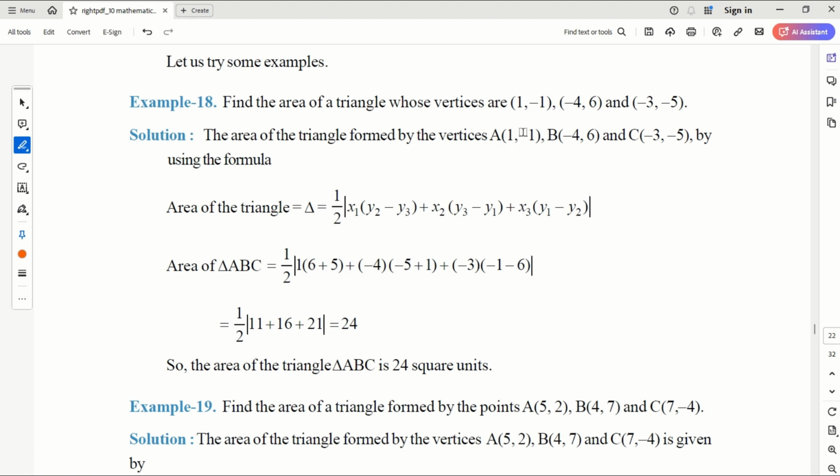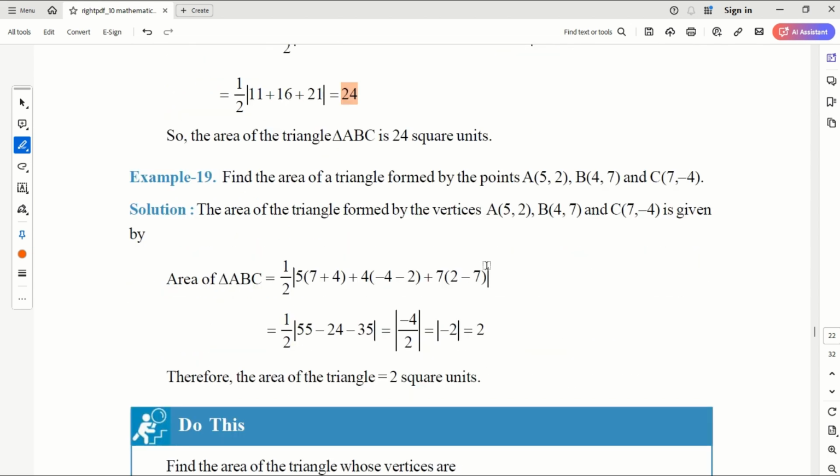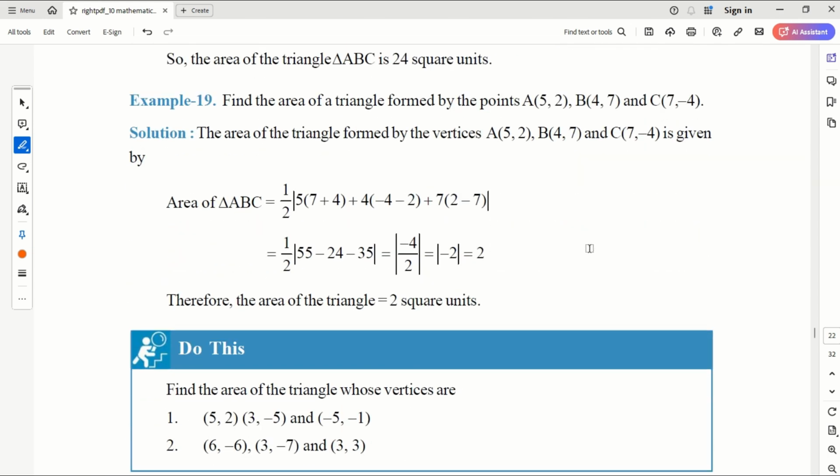Then plus x2, here it is plus into minus 4, into y3 minus y1, that is minus 5 minus of minus 1, that is minus 5 plus 1. Then the third one is x3, minus 3, into minus 1 minus 6. If you simplify, you will get 24 square units as the area of this triangle. Similarly, we can do many such examples.